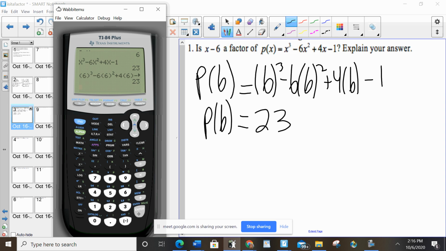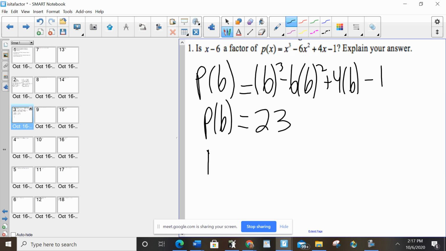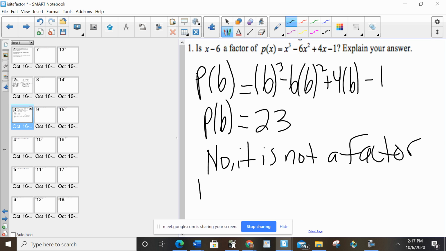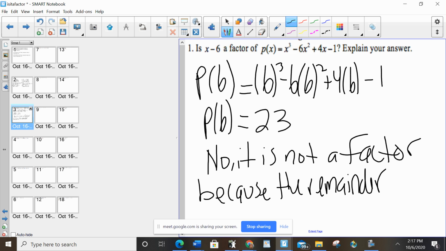If the remainder is 23, that means that it does not go in evenly. Because if it went in evenly, it would have a remainder of 0. So since it has a remainder, no, it is not a factor because the remainder is not 0.